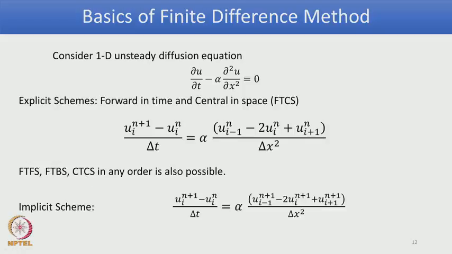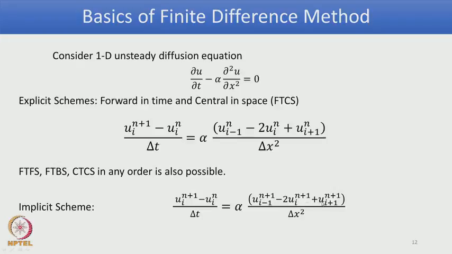Now, we will see for the same formulation how to write the implicit form. You can understand this is still forward in time on the left hand side, because of n plus 1 and n, whereas on the right hand side it is central in space: i minus 1, i and i plus 1, where i is the point of interest.